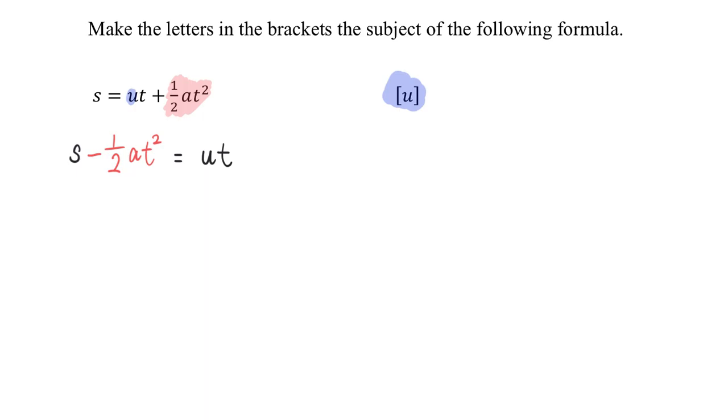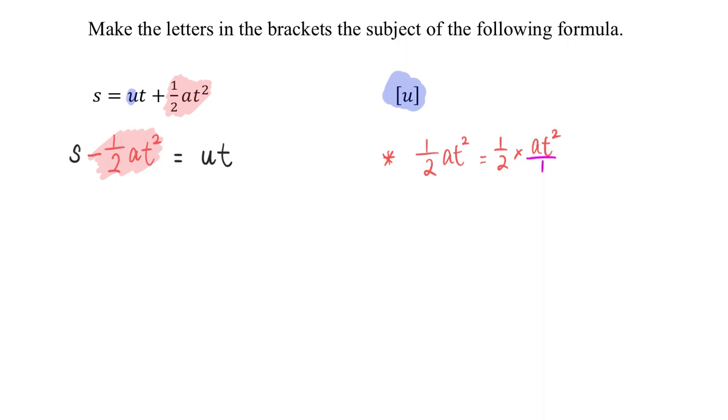And after which, at this point, I do want to rewrite my half AT squared. How do I rewrite it? This is something for you all to take note. My half AT squared is actually equal to half times AT squared, and AT squared can be over 1.